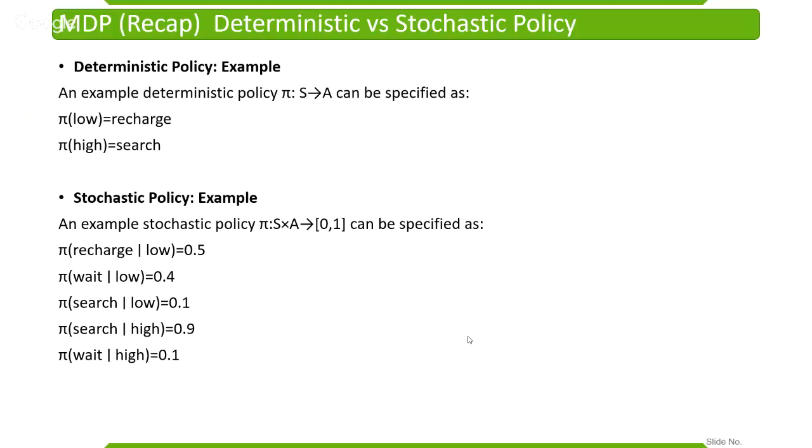If we have to solve that same problem using two different approaches, deterministic or stochastic, what is the major difference between both the policies and the approach towards the solution?